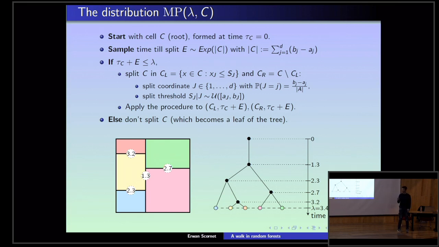It depends on the length of the j side here: bj minus ij is the length of the side along j. And once I've done that, I will choose a uniform position along this side. Okay? So if you're not following so far, just imagine that you have a tree construction.